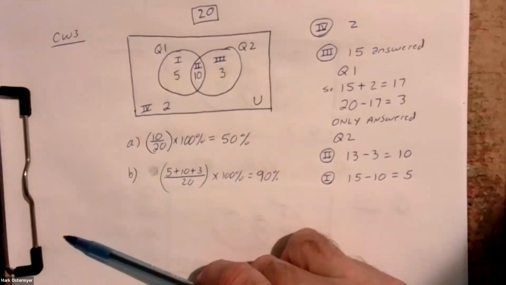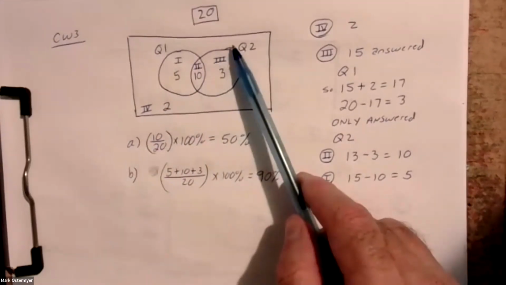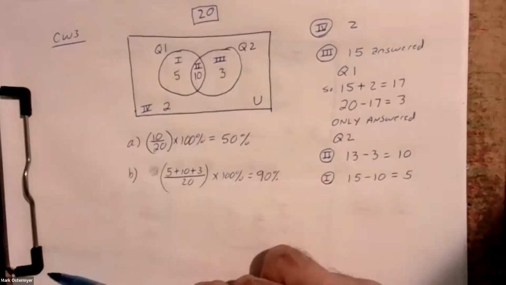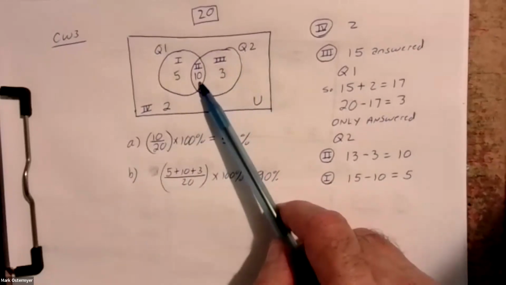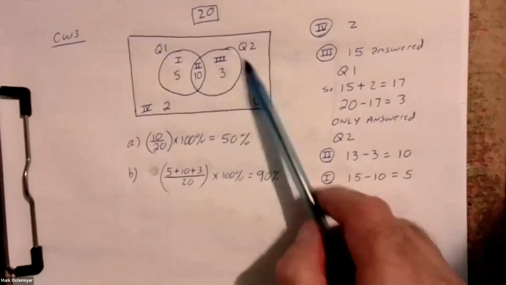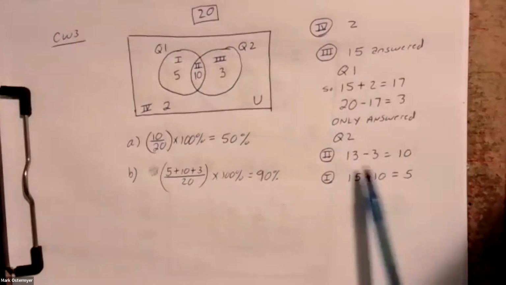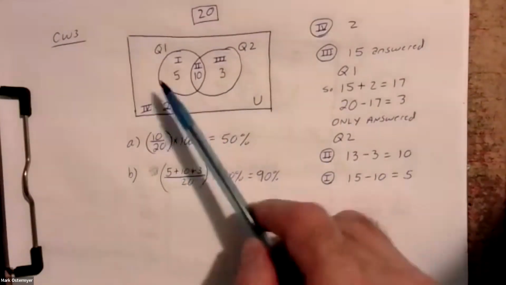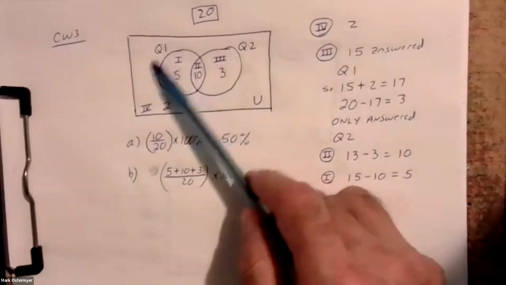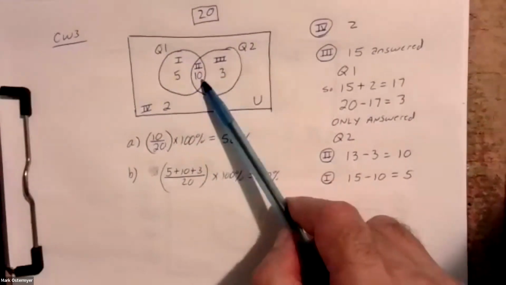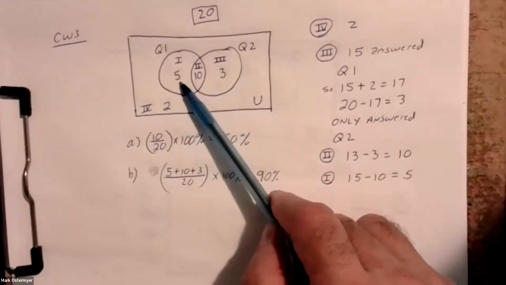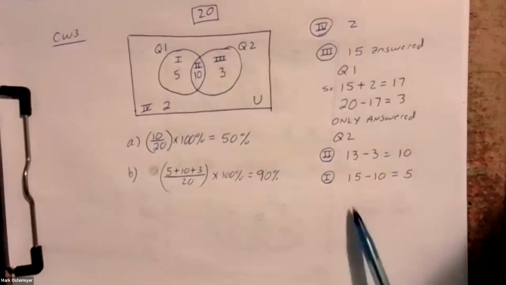Actually, to populate region 2, I went this way. 13 students answered question 2, 3 of whom are already accounted for. So 13 minus 3 leaves 10 for the intersection. But then I know that 15 students answered question 1, so 15 minus the 10 already accounted for leaves 5 students that only answered question 1.